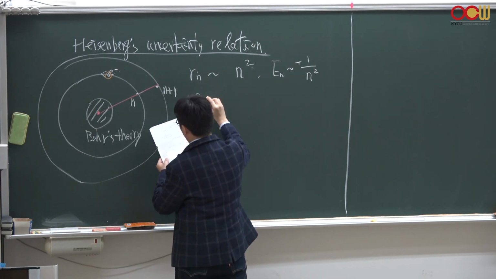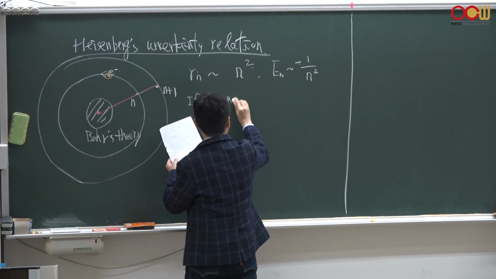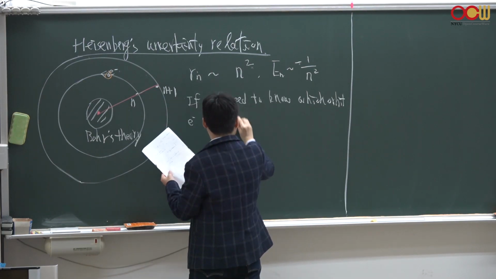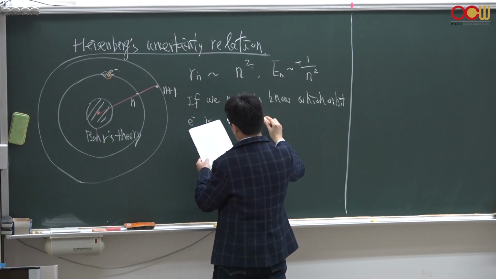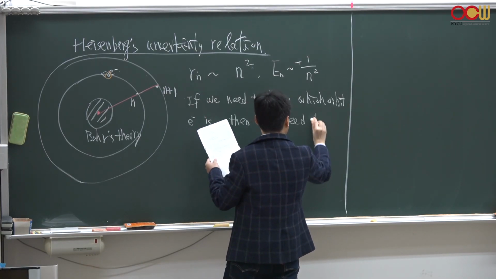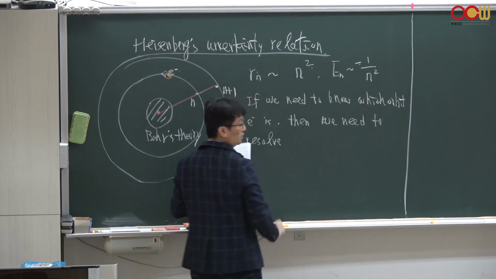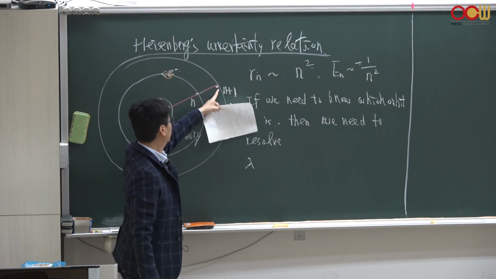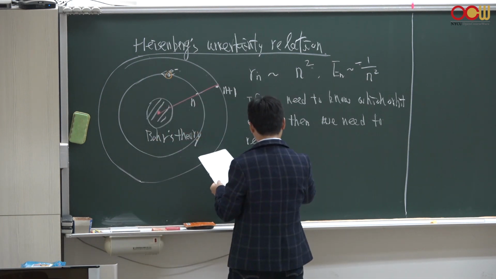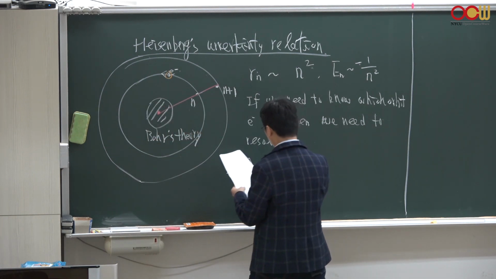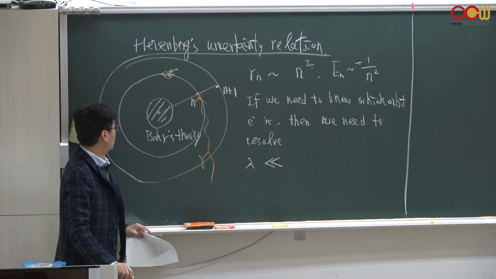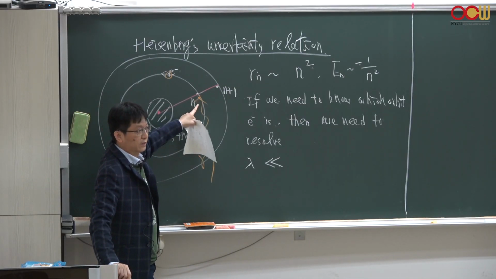So the question is whether we could know exactly which orbit the electrons are moving around. If we need to know which orbit the electron is in, then we need to resolve the distance between the radius labeled by quantum number n and n plus 1. Meaning we need to send a laser to detect these electrons in the nth orbit.